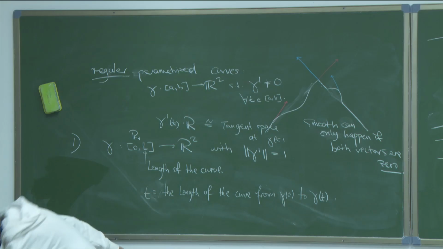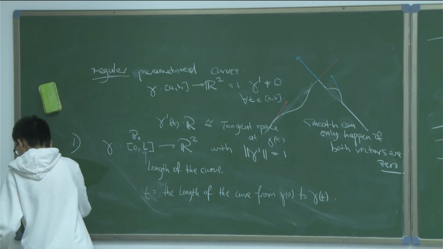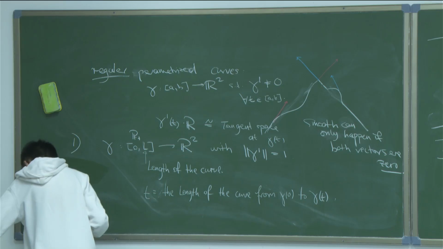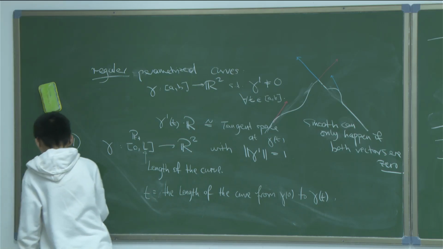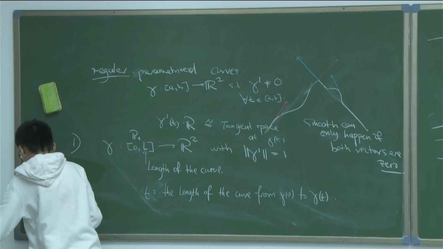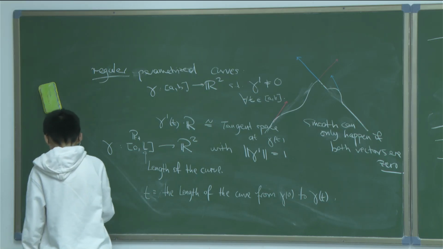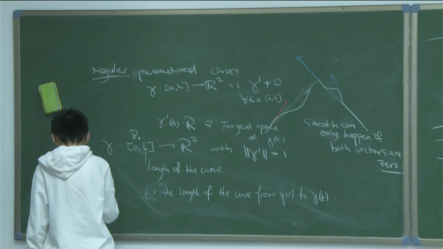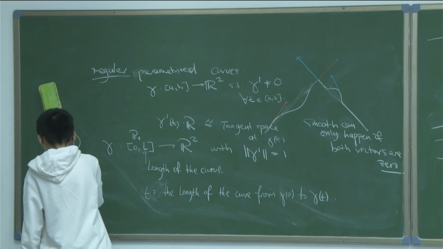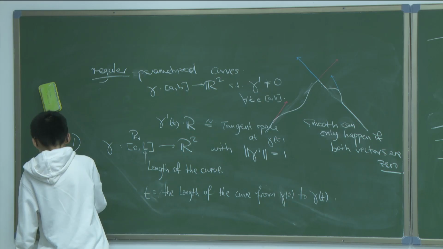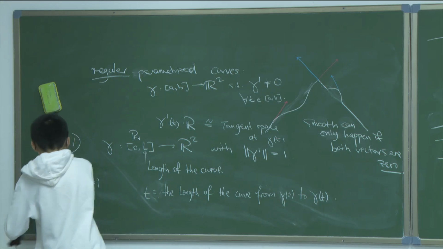Suppose gamma of t equals tangent of t, 0, from 0 to infinity.